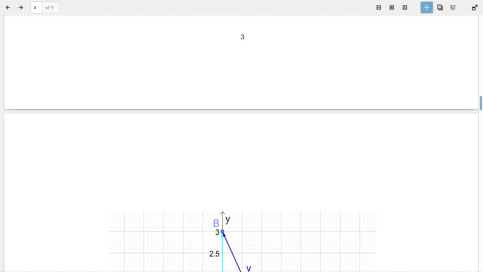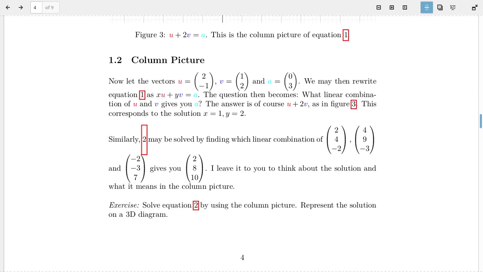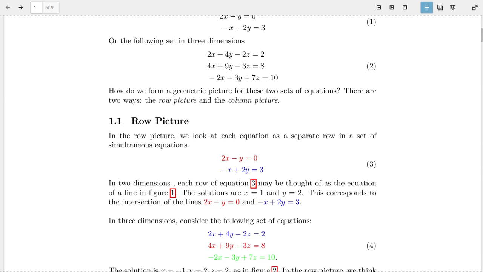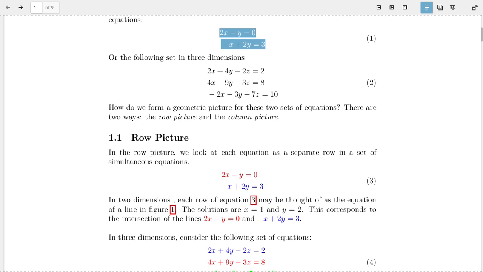simultaneous equations. Notice that if you define the vector u as the column vector 2, -1, the vector v as 1, 2, and the vector a as 0, 3, as in the highlighted vectors, you may write the first equation, as in this one, as xu plus yv equals a.